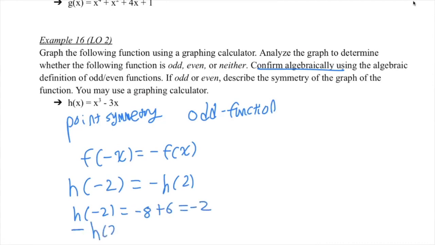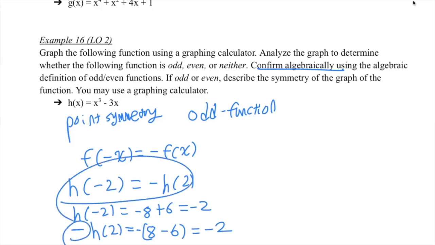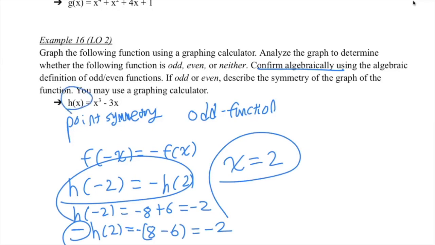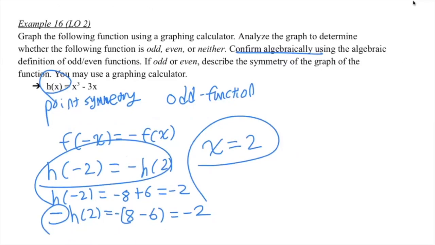Negative h of 2, if you plug in 2 to x, would give us 8 minus 6, which would give us negative 2 as well, because there's a negative here. Because this definition of odd functions fits when we plug in x is equal to 2, we can confirm that h of x is an odd function.